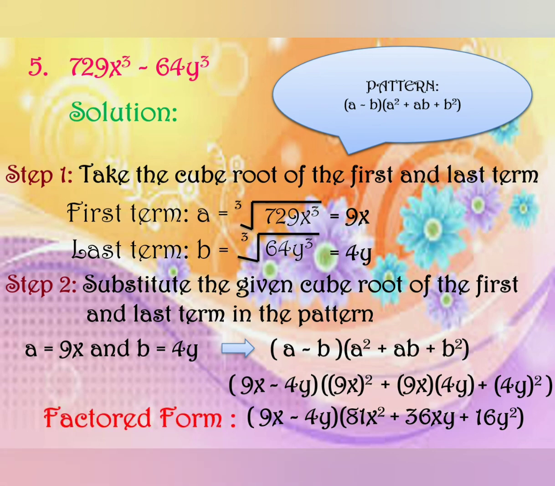So the factored form of 729x cubed minus 64y cubed is equal to quantity 9x minus 4y times quantity 81x squared plus 36xy plus 16y squared.